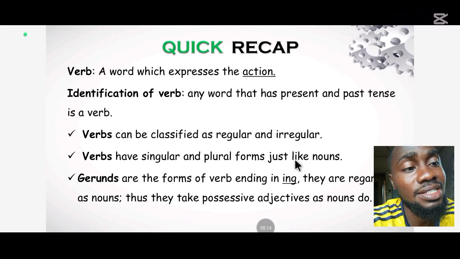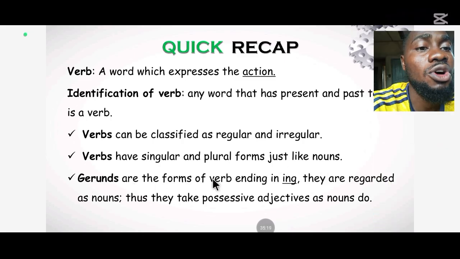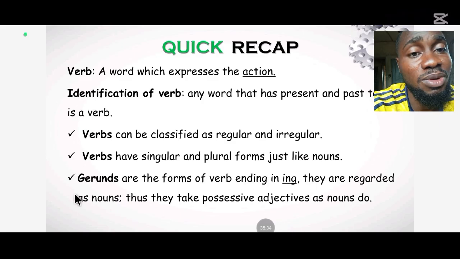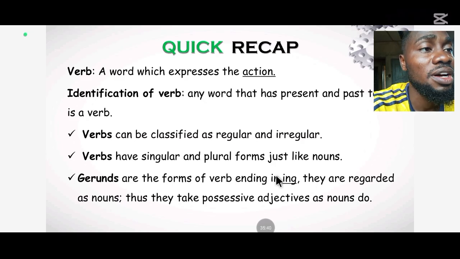Do not forget that. Gerunds are the form of verb ending in ing. They are regarded as nouns, thus they take possessive adjectives. These made up about 50% of our exercises that we just answered.